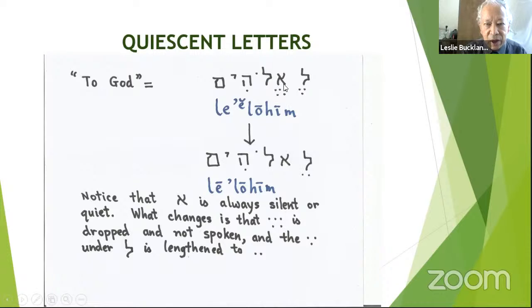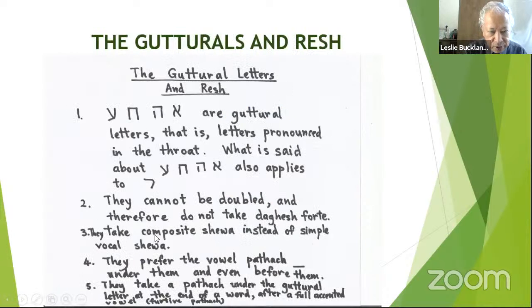So the guttural letters cannot take a simple schwa, they take a composite or compound schwa, a mixture of the simple schwa and a vowel to the left of the simple schwa. So that's a feature of the guttural letters. They take composite schwa.